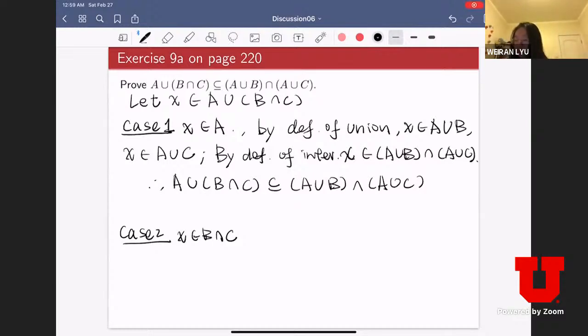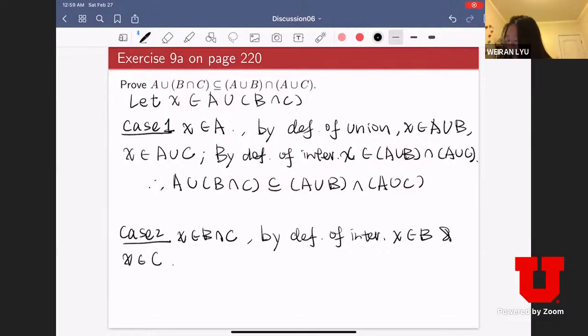So in case 2, we assume that X belongs to the intersection of B and C. So we know that by the definition of intersection, X must belong to B and X belongs to C as well.